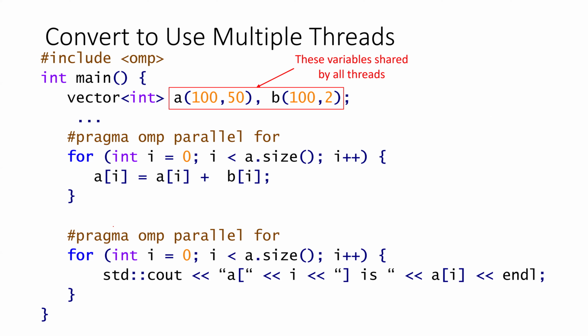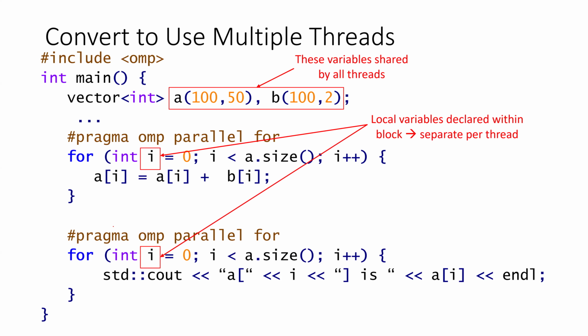Okay, so in OpenMP, all the variables that are created before the parallel for are shared. All your global variables and all the variables that existed before we start the parallel for are shared variables. All the local variables that we create inside the parallel for are on our new stack, for our individual threads, so they are separate per thread.